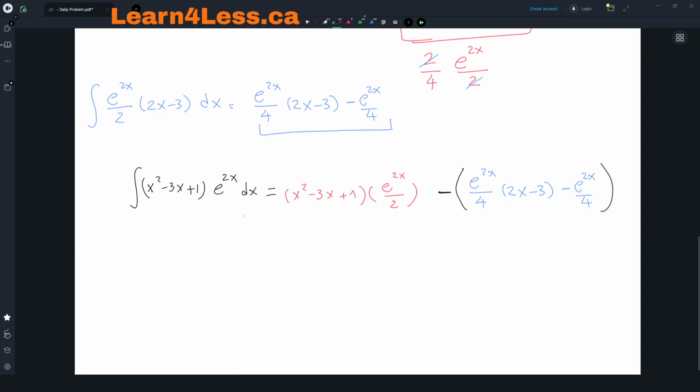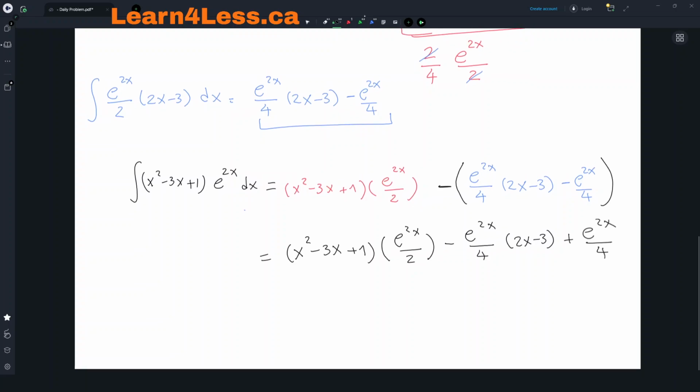So overall, what is the final answer? Again, I just write it as x squared minus 3x plus 1 times e to the power of 2x over 2 minus e to the power of 2x over 4 times 2x minus 3. And this minus together becomes plus sign, plus e to the power of 2x over 4.